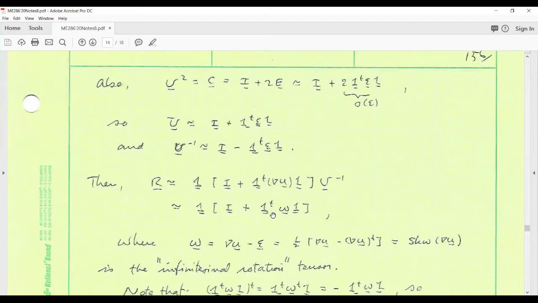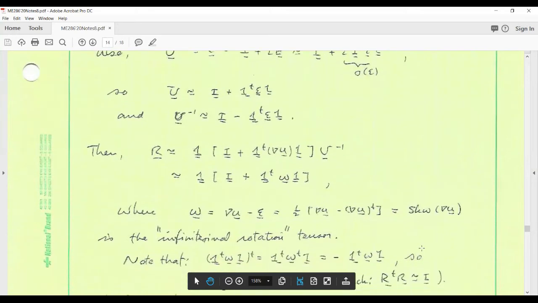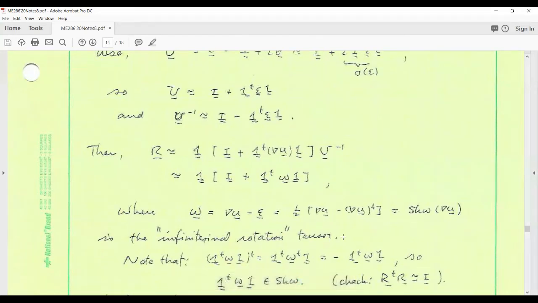And we're neglecting terms of the size of the square of the norm of grad u. That grad u minus epsilon, as you take the spatial displacement gradient, subtract its symmetric part, what you're left with is the skew part. We could call that the infinitesimal rotation tensor in accordance with classical nomenclature.